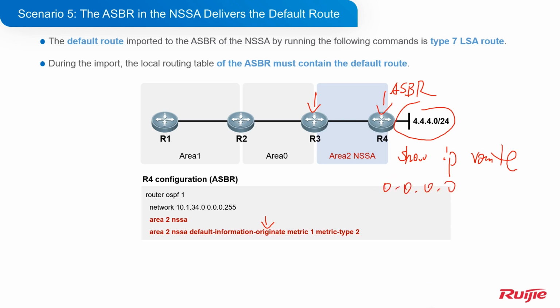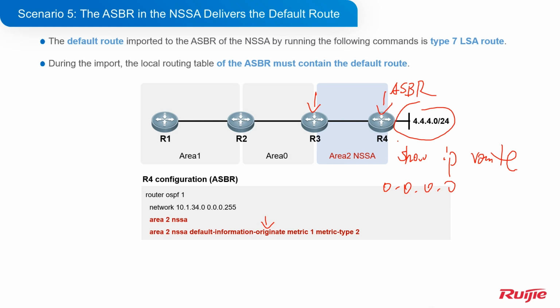Then R4 can deliver the default route successfully. So this is the difference between ABR and ASBR in delivering the default route.